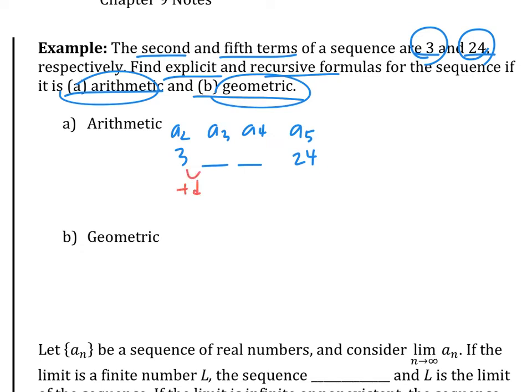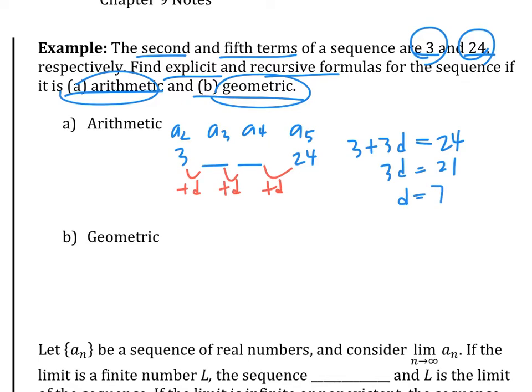So we know we add a D here, add a D here, add a D here. So to get from 3 to 24, we know that we added 3D. So then we can go back and solve for D. So D is 7.